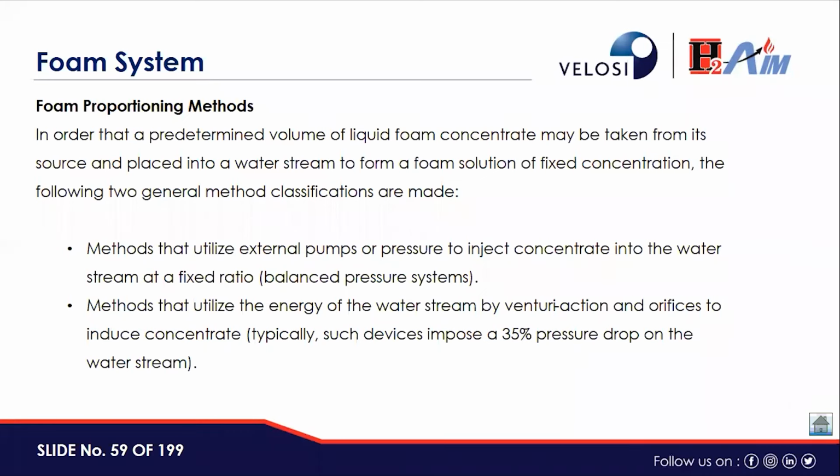First, methods that utilize external pumps or pressure to inject concentrate into a water stream at a fixed ratio. And then the methods that utilize the energy of the water stream by venturi action and orifice to induce concentrate. Typically such devices impose a 35% pressure drop on the water stream.